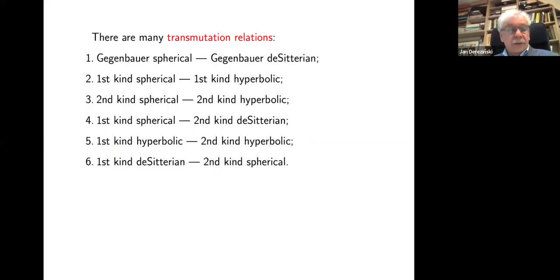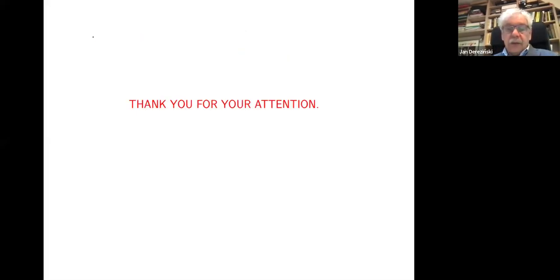Here it is really a zoo of transmutation relations. I don't have slides about them. That would probably be overwhelming because there are so many. And it is related to the fact that the hypergeometric equation is very symmetric, so you have many symmetries. And I think this is the last slide, so thank you for your attention.